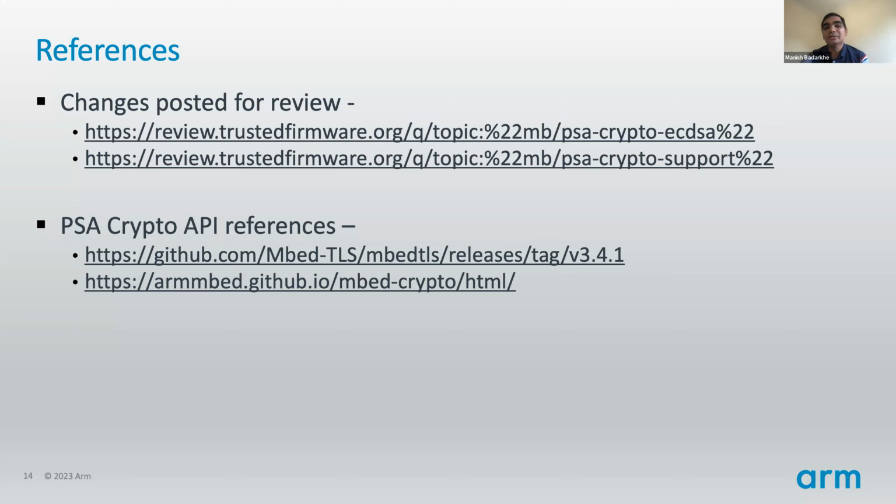So the caller has to convert this DER encoded key into the raw format before passing it to that API. That is the deviation today. And for that purpose, we have created some helper functions only in the ECDSA case.